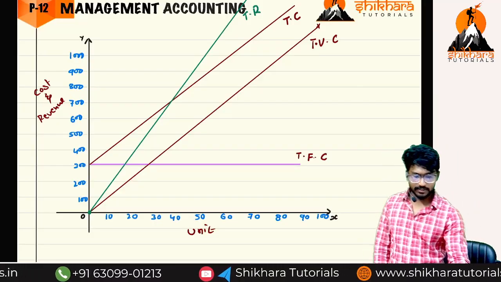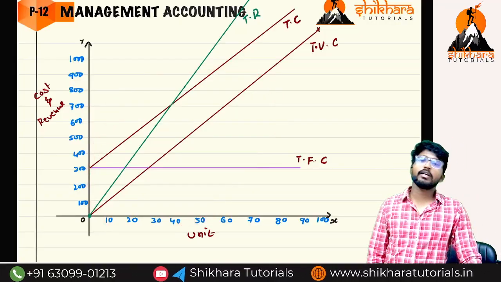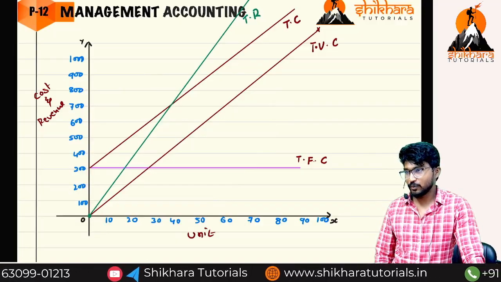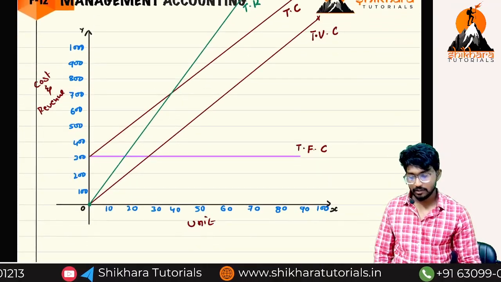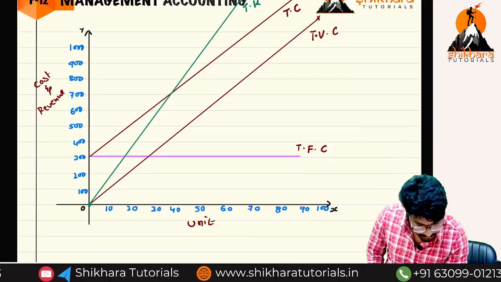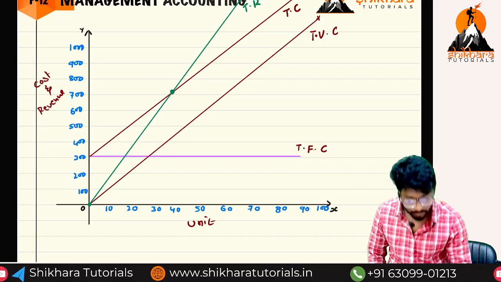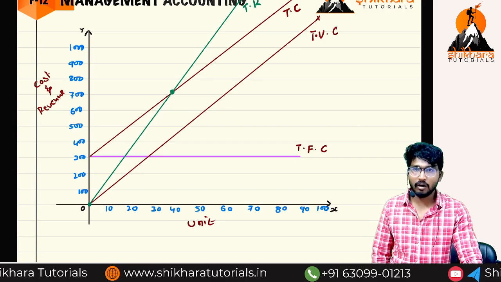I think you got this same diagram in your economics, in foundation, in your plus two. Now this is the point where these two lines are intersecting. Which two lines? Total revenue line and total cost line.